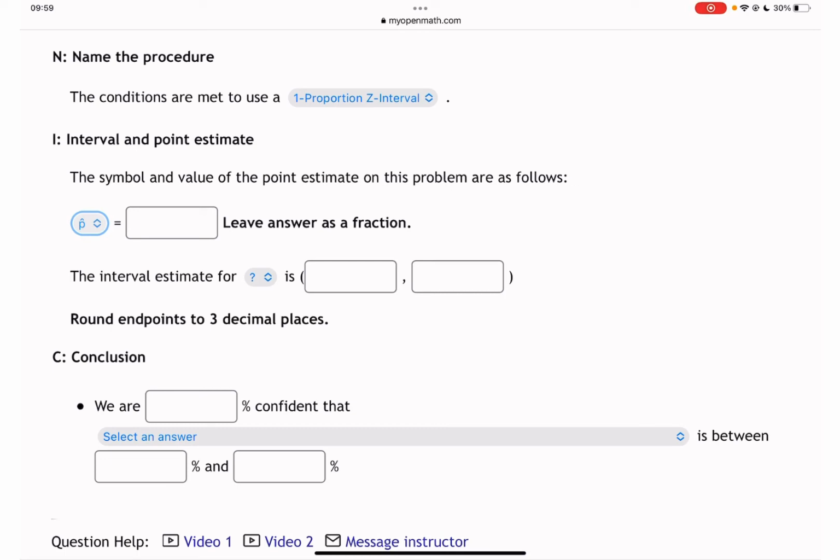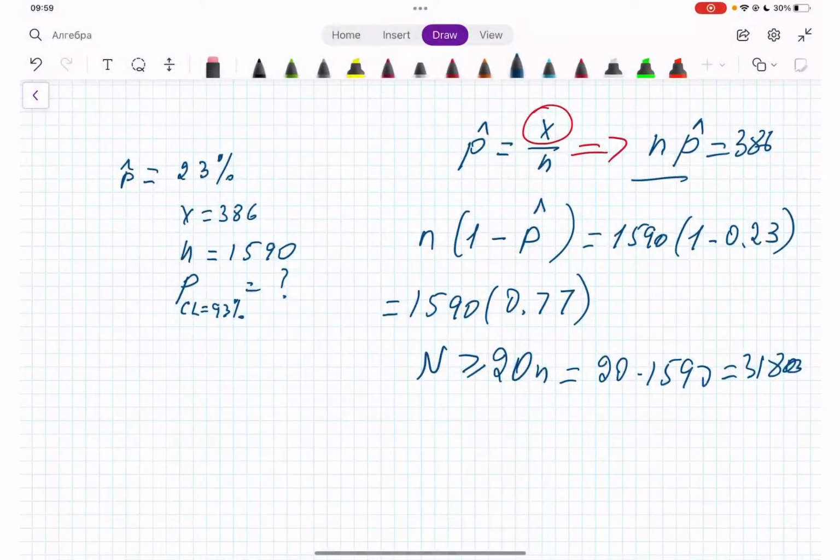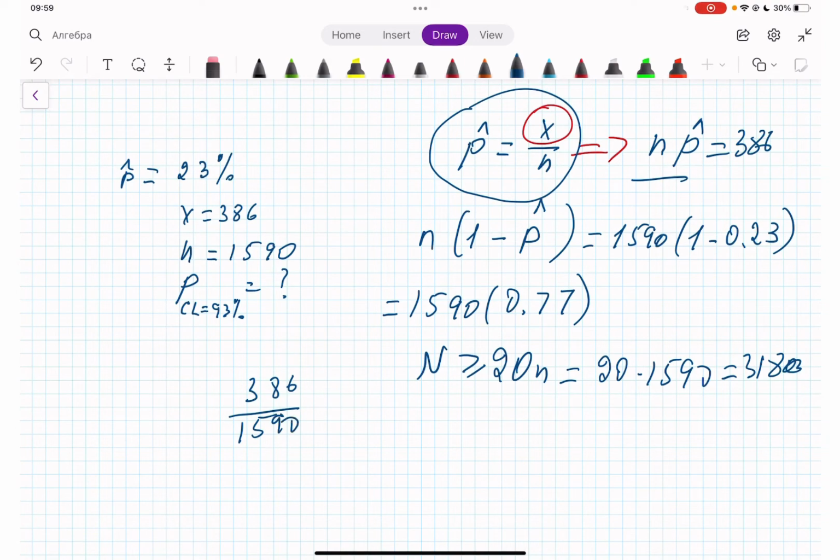We already know that, right? P hat is equal to, leave the answer as a fraction, 386 over 1590.